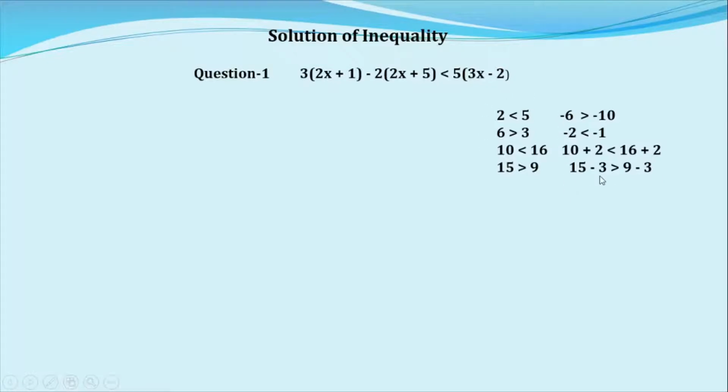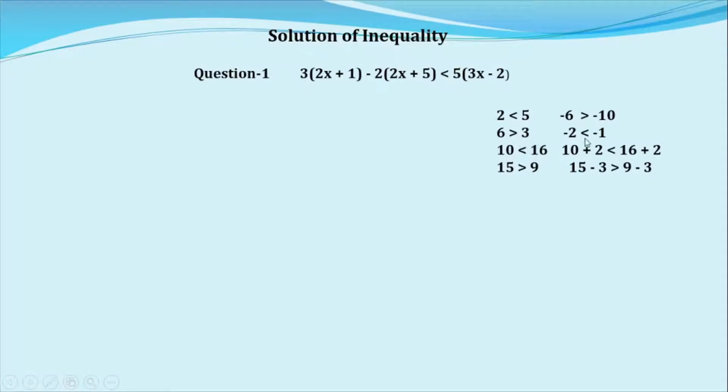So inequality rules are these: if we add or subtract a particular number from both sides, the inequality symbol will remain same. But if we multiply or divide by a particular number on both sides of an inequality, the inequality symbol is reversed. Meaning if it is less than, it will be greater than.